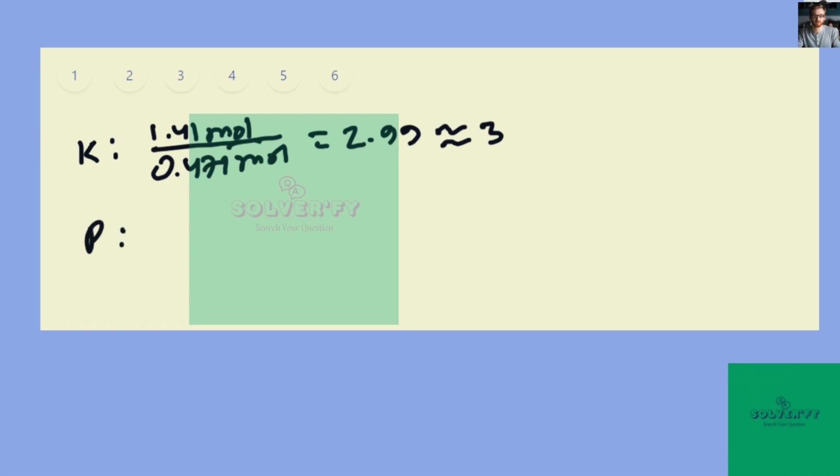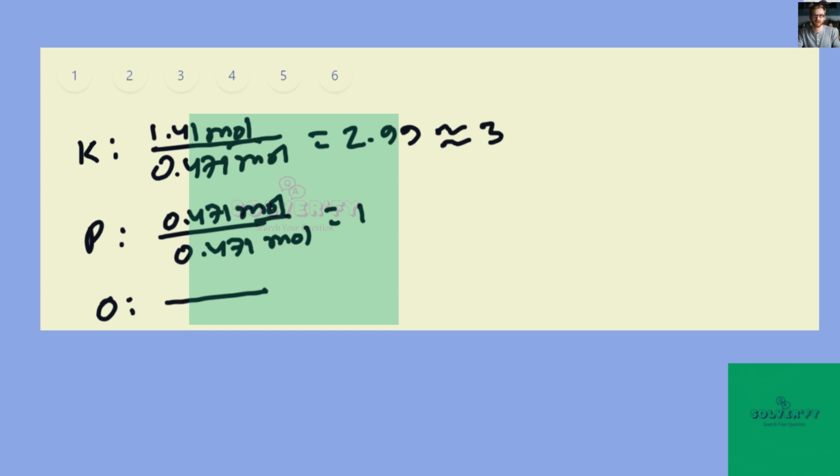Then for phosphorus, the ratio will be 0.471 mole over 0.471 mole, which gives us a value of 1. And then for oxygen, the ratio will be 1.88 mole over 0.471 mole, and this will give us a value of 3.99, which we can write as 4.